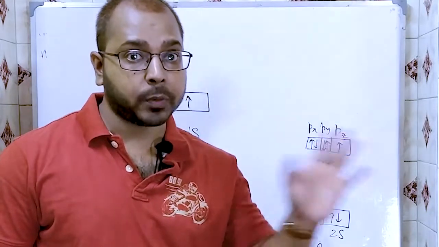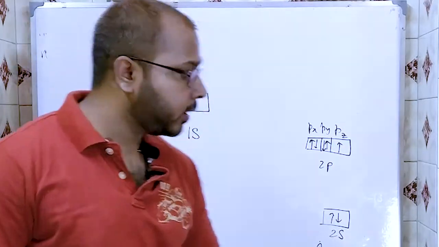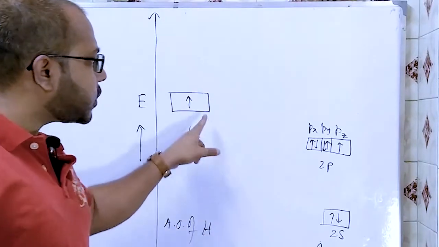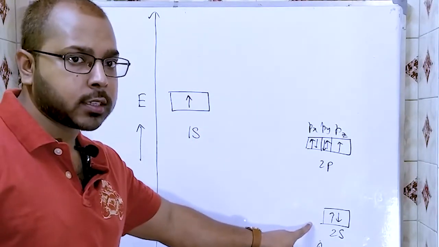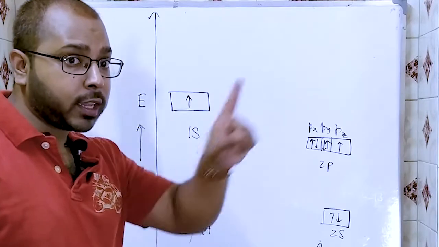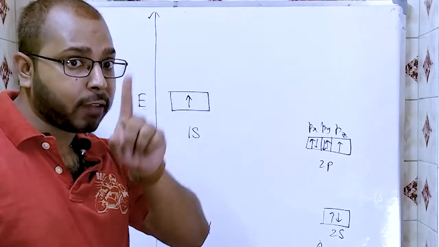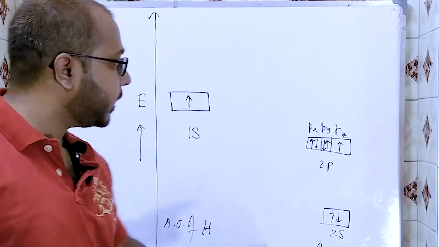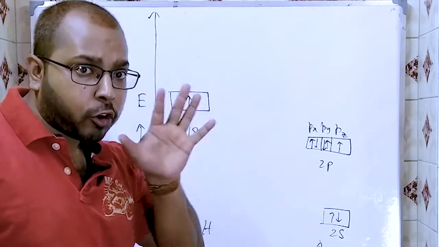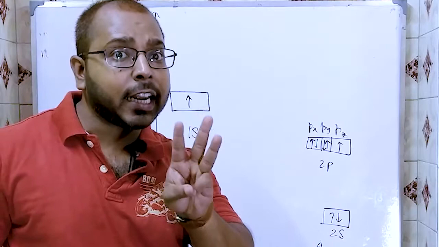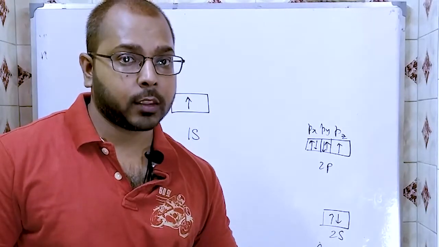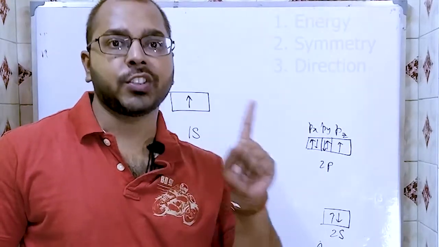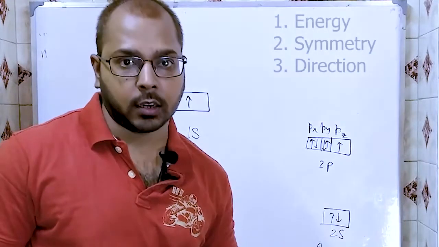I told you in my last MO video, if you have not watched please have a look, that for the formation of bonding, 3 criteria are to be matched. One is energy, another is symmetry, another is direction.